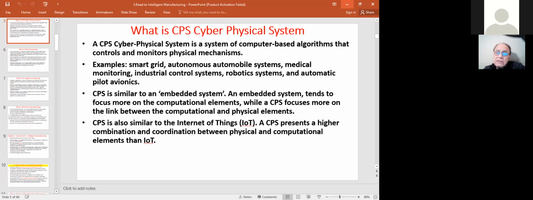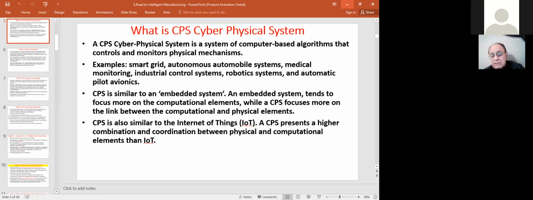Now, these examples are cyber physical systems. If our manufacturing has to enter into intelligent manufacturing, then we need to build the cyber physical system into our operations. The CPS is similar to embedded systems.